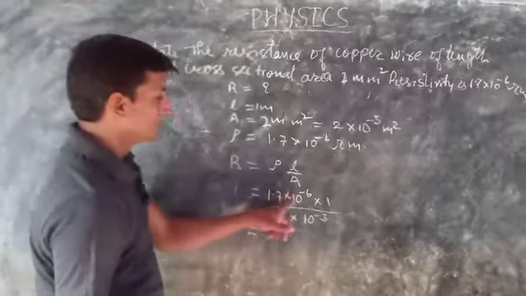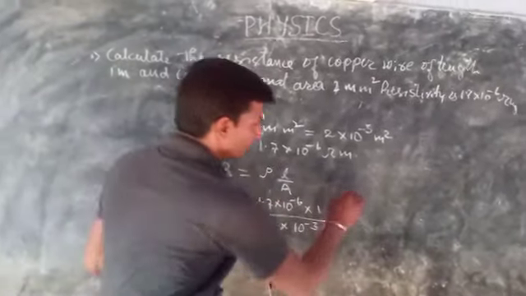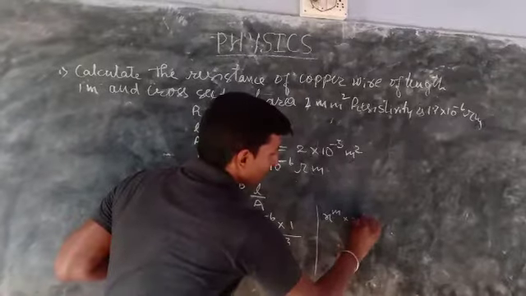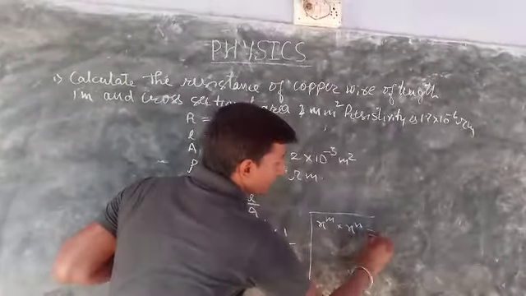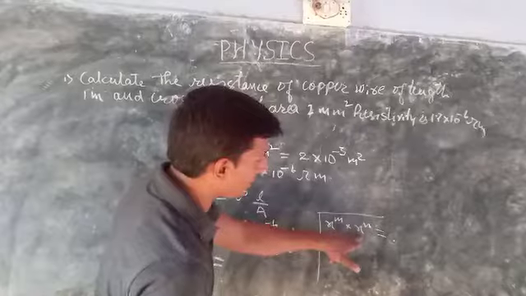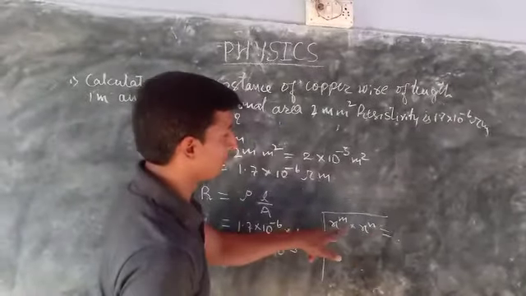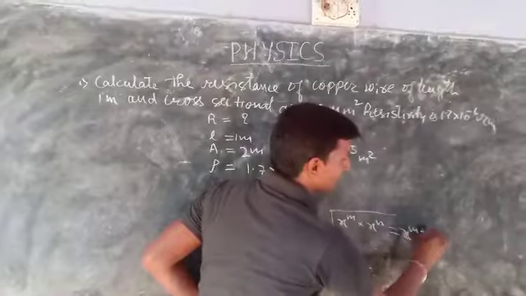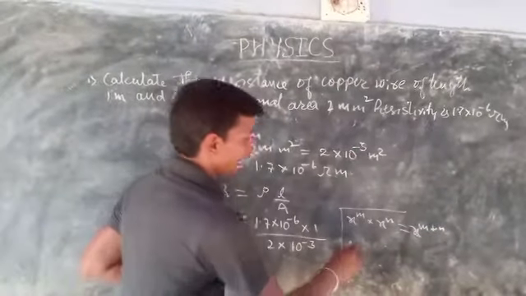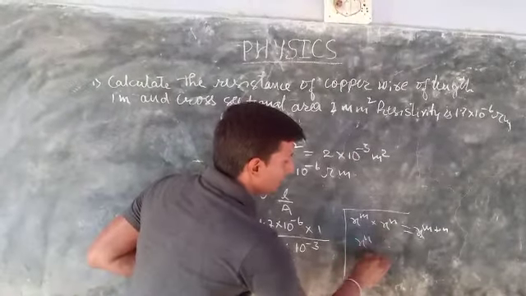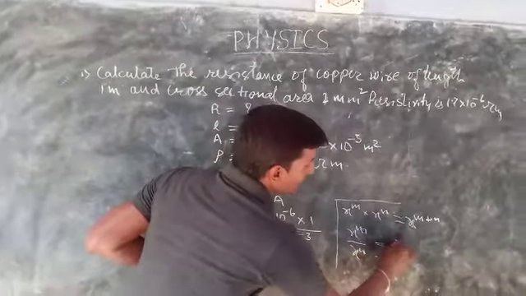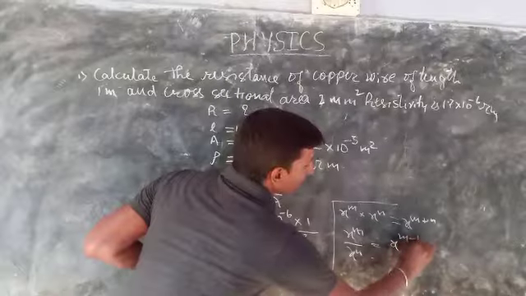So we know this formula: x to the power m into x to the power n is equal to x to the power m plus n, when the bases of the two terms are the same, the powers get added. And if these terms are in division, then subtract.